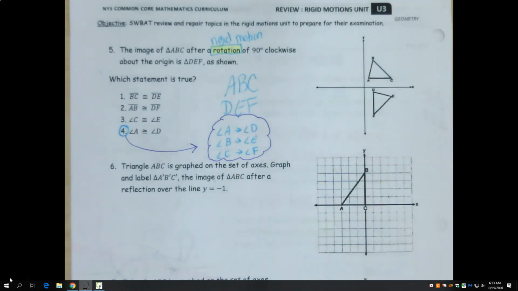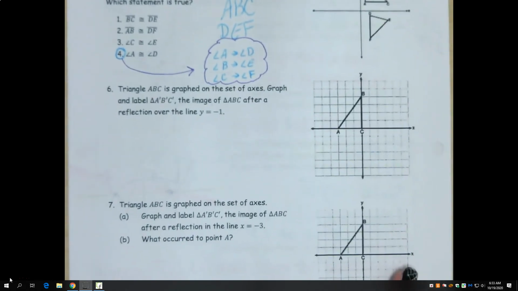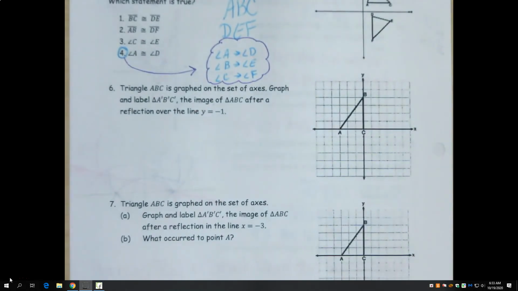All right, number 6. It says triangle ABC is graphed on the set of axes. Graph and label triangle A prime, B prime, C prime, the image of triangle ABC, after a reflection over the line y equals -1. There's a couple of important things here as I read this question. Let me grab my highlighter.